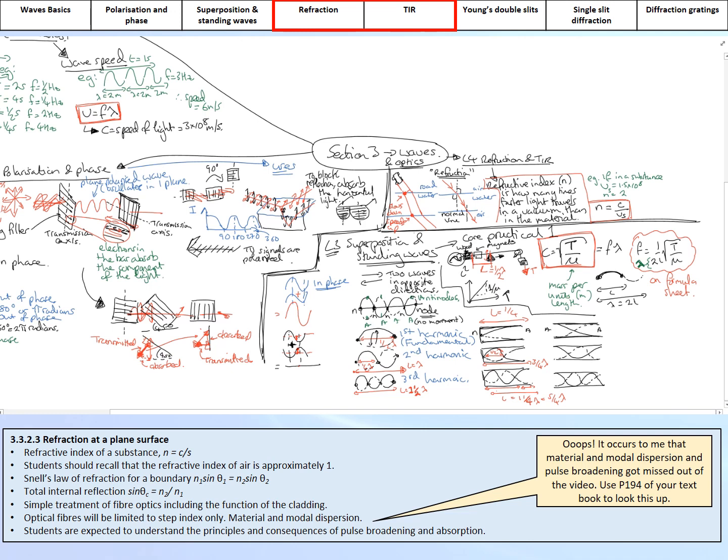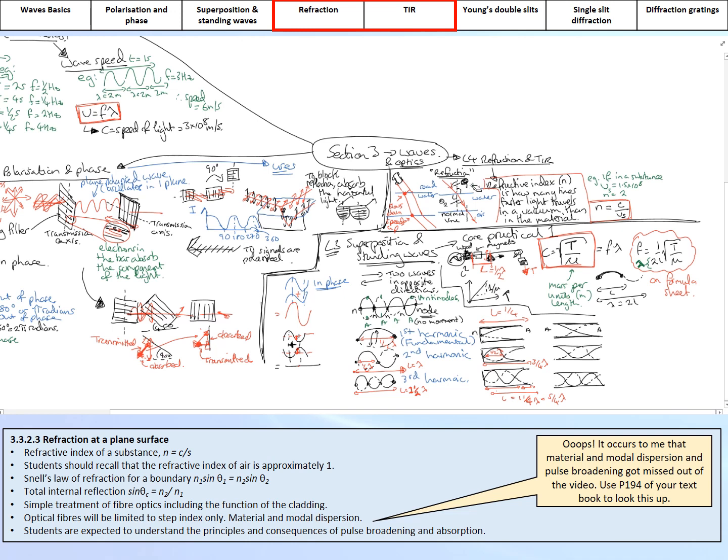Now there's a whole derivation that allows you to work out a relationship between the angle the light goes in at, which is called the angle of incidence. Let's call that angle theta 1, and the angle it refracts out at, which we'll call theta 2.